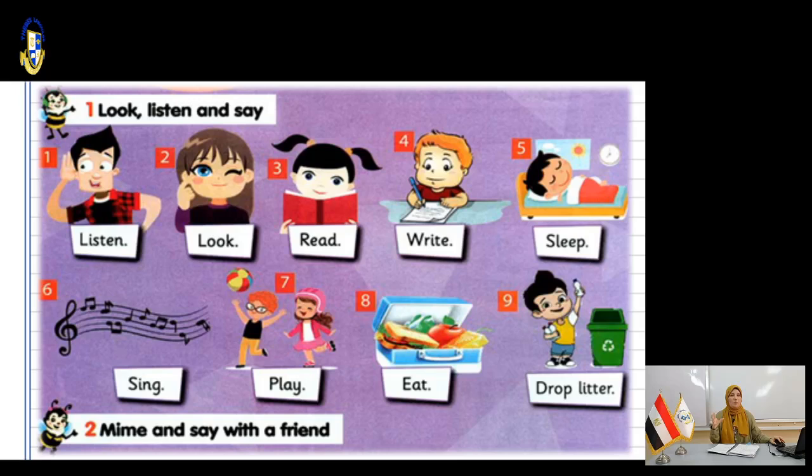I'm giving you some orders like listen to me carefully, look at your book, read with me, write after me, sleep early, sing with us, play with your friends, eat healthy food, drop litter in the garbage bin. So those are imperatives or orders that I'm giving to you.